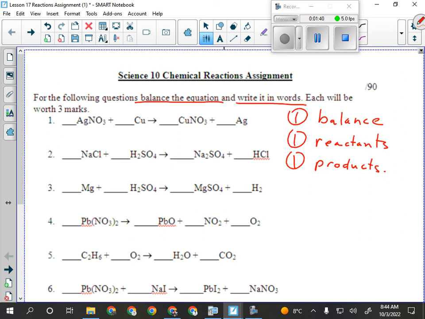Now, here are the things to watch for in this section. Roman numerals. You are writing the names of compounds, and some ionic compounds will require Roman numerals in their names. Don't miss them. On the other side of that, don't over-apply it.